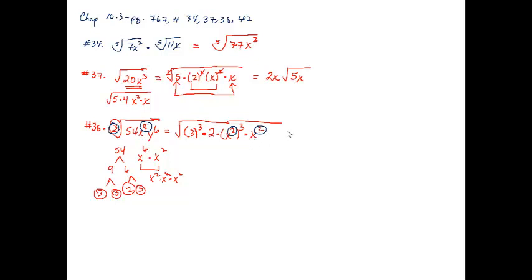Alright, so now we can simplify it. 3 to the third as well as x squared to the third cancel out with the third root, so they come out on the outside, and the 2 and the x squared didn't cancel out, so they stay on the inside. And that's simplified down to this. Oh, by the way, I forgot the y to the 6th.